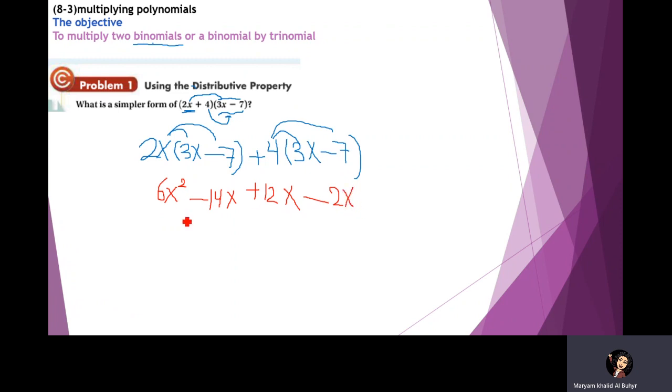Simplify what you can simplify. So you can simplify these because these are like terms. The power here is 1, the power here is 1, so these are like terms. So 6x to the power 2, minus 14 and 12, that will be negative 2x minus 2x. Even this one you can simplify it with also this one.